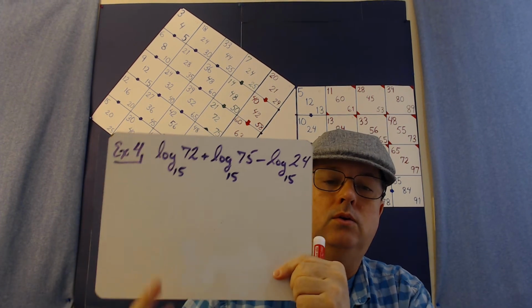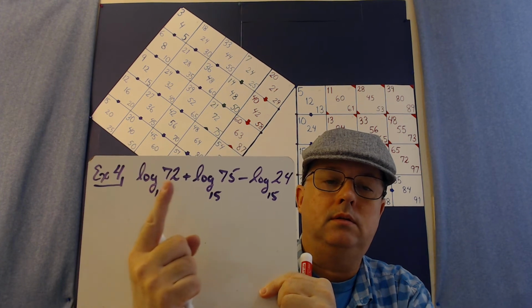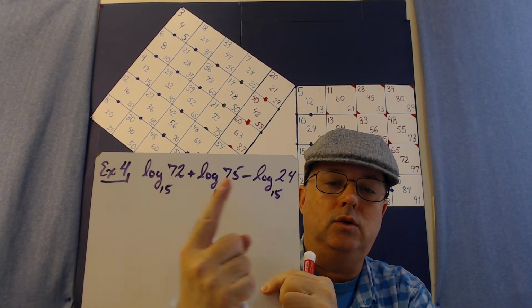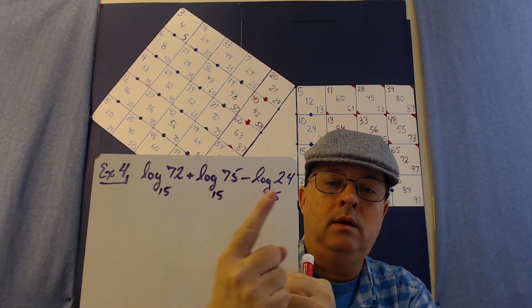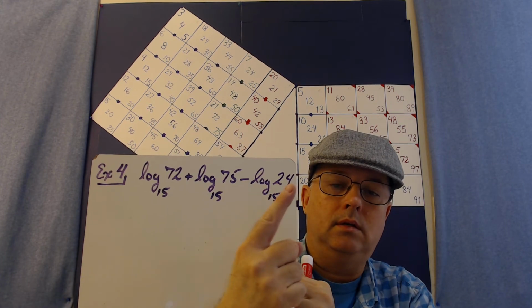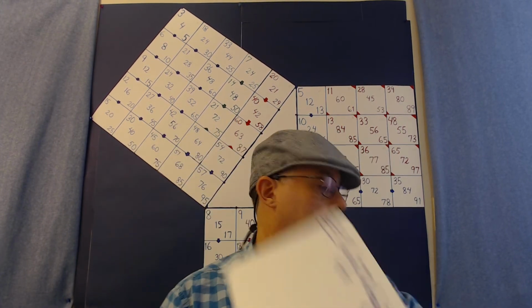All right, so we're going to compress this. The plus tells us that these are being multiplied, and the minus tells us this is being divided. Okay, so we have log base 15 of 72 times 75 over 24.